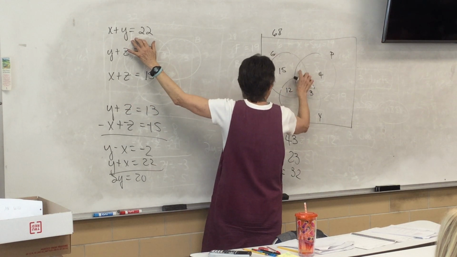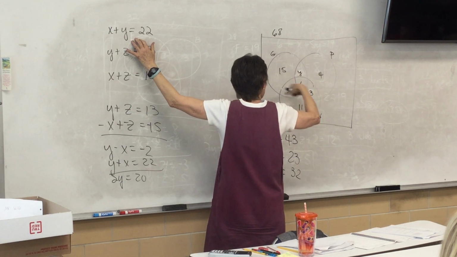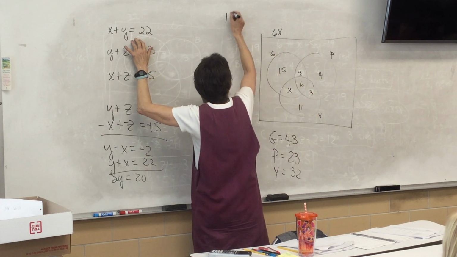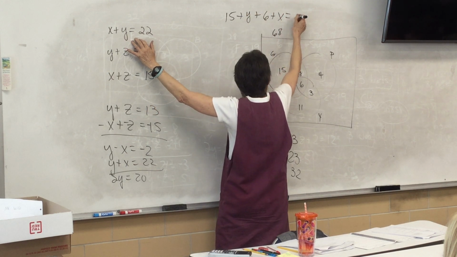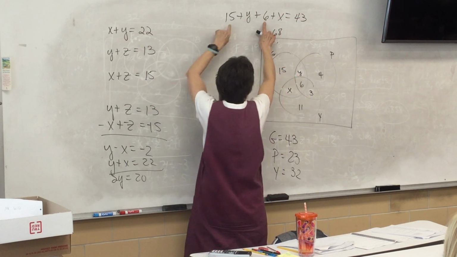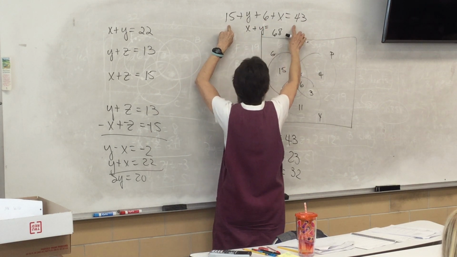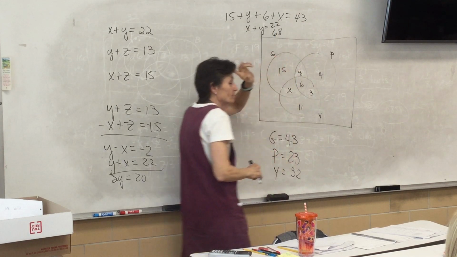I think this was Y, and this was X. So every number in the G ball has to add up to be 43. So 15 plus Y plus 6 plus X has to be 43. So that's 21. So X plus Y has to be 43 minus 21, so that's how I got the 22. Okay, thank you.